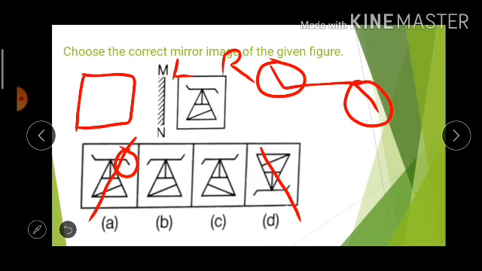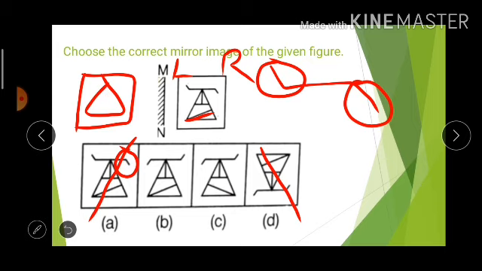Now as you can see in this small triangle, there is a small line that is starting from the vertex and it touches the opposite side line of the triangle. Where is it starting from? It is starting from the left hand side.